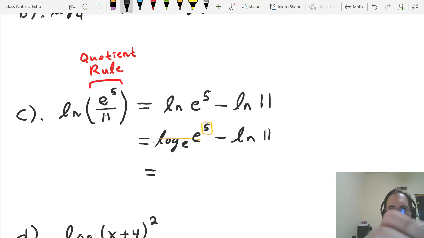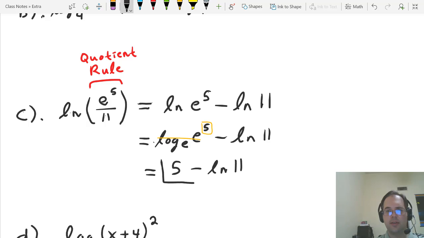So this turns into just 5 minus the other piece, ln of 11. And that one doesn't change because there's no canceling going on in that situation. But when you see ln and e, they're going to cancel with each other because of the log base e. So this would be our final answer here.